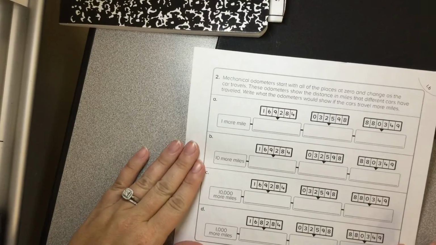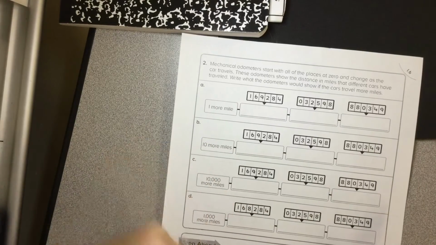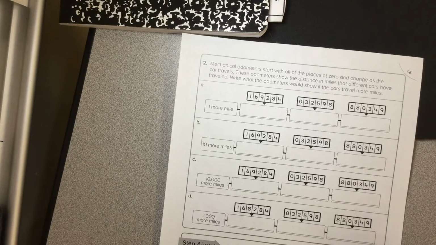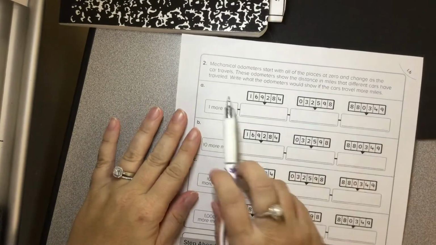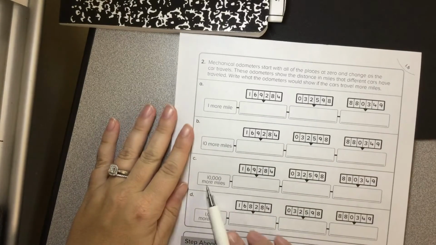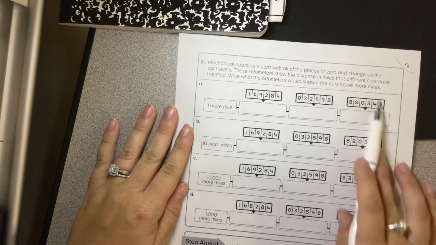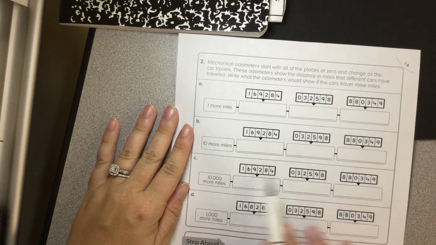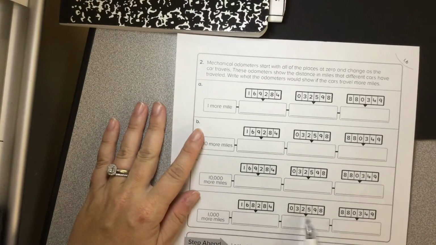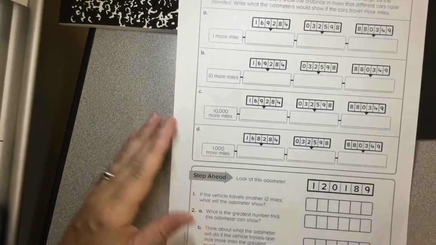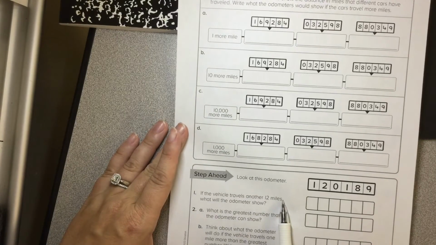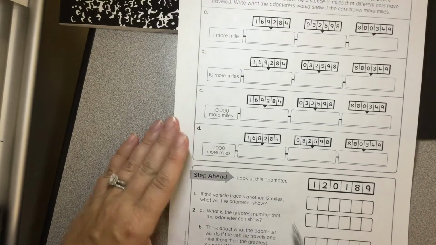Okay, and read these directions. You're just adding more mileage to the odometers. Remember yesterday we talked about odometers just track the mileage in a car. Okay, so you're adding on 1 more mile to each one of these, 10 onto each one of these, 10,000 onto these, and 1,000 onto each one of those. Look at the odometer. If the vehicle travels 12 miles, what will the odometer show?